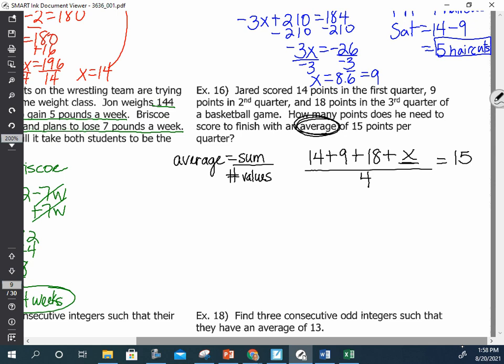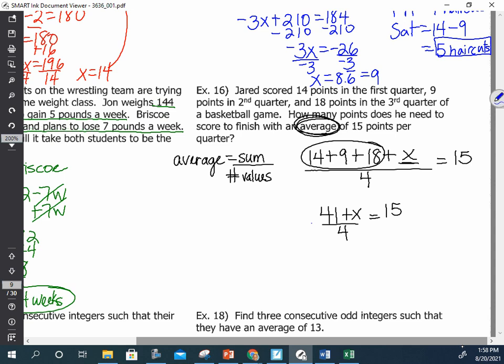Looking at the problem, 14 plus 9 plus 18, we can add those up to get 41. Remember, a fraction represents division, and the opposite of division would be multiplication.